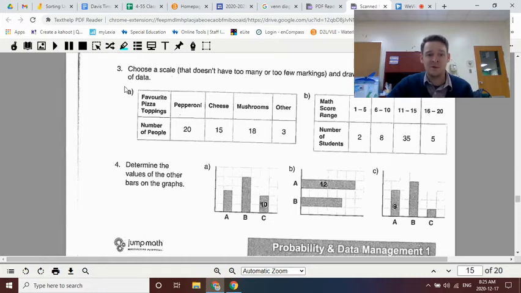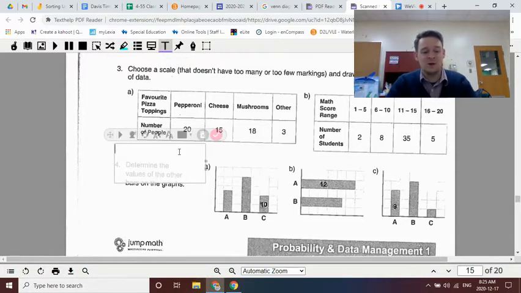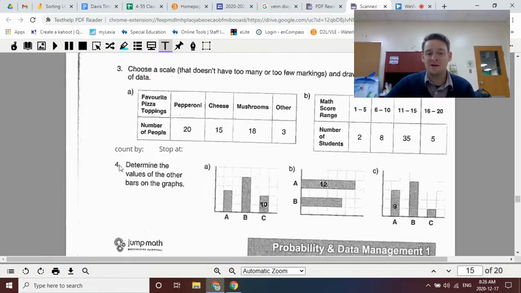If you don't have a separate piece of paper, I don't think that's too much to ask. Find a separate piece of paper and create these bar graphs. I guess if not, then write down what you think the scale should be. So you could do what we did in that first question, where you tell me what we're counting by and what you would stop at if you were creating this bar graph.